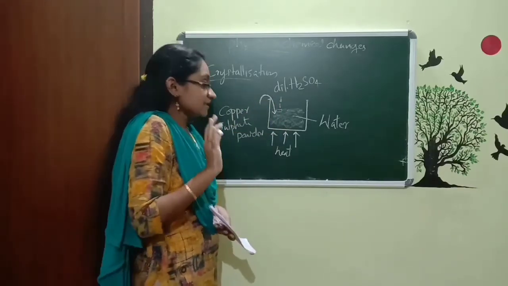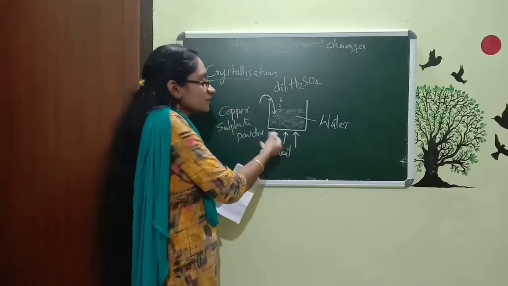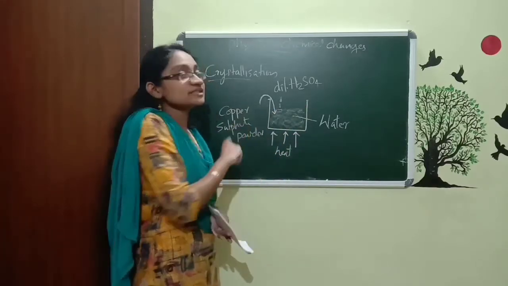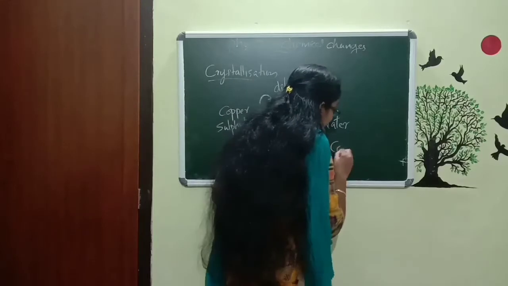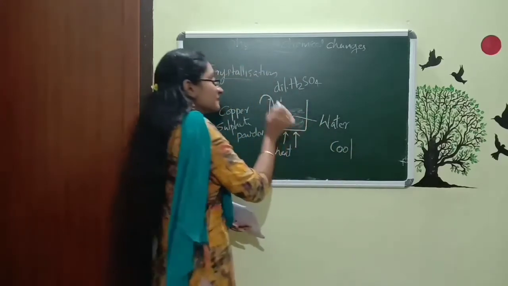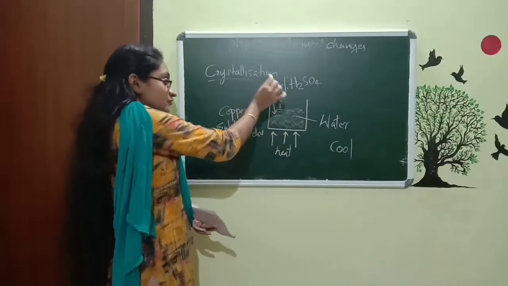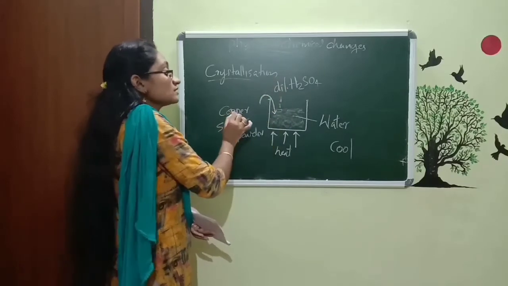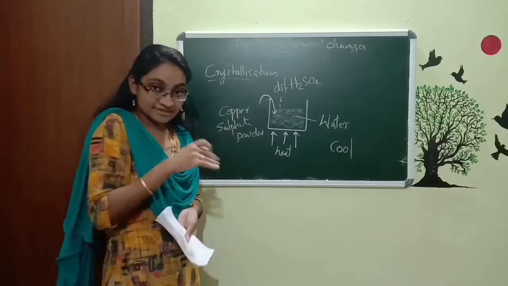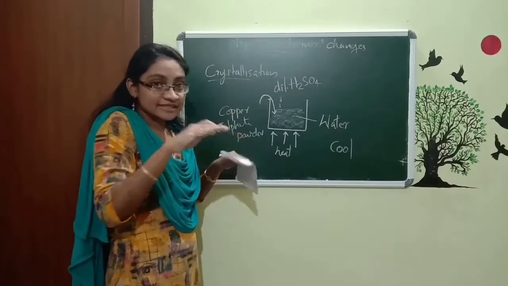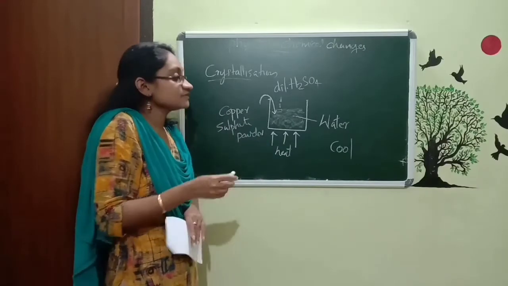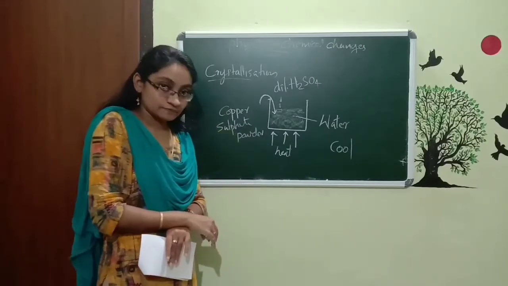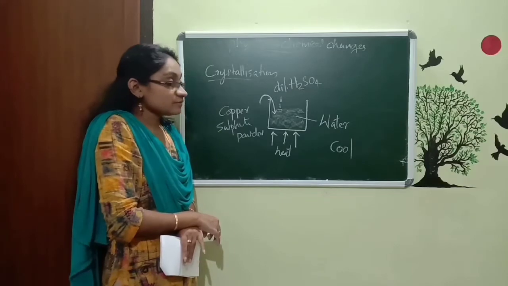And after some time we stop the heat and let this cool. That means we are leaving this beaker, the mixture of water, dilute sulfuric acid and the copper sulfate powder, to be left undisturbed. That means we are keeping it to cool. Don't shake it.